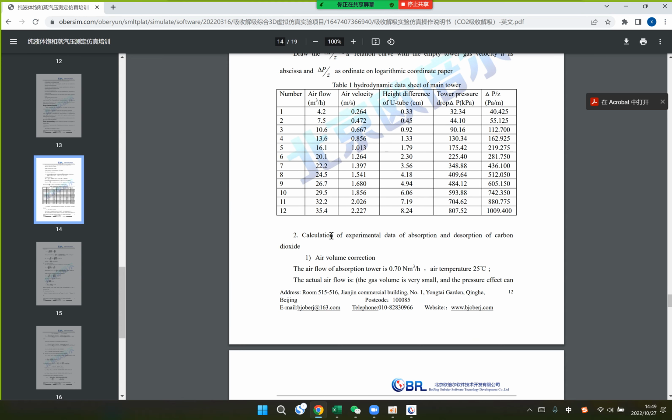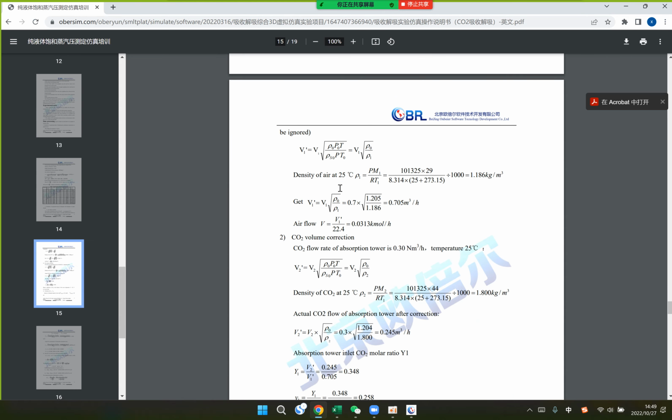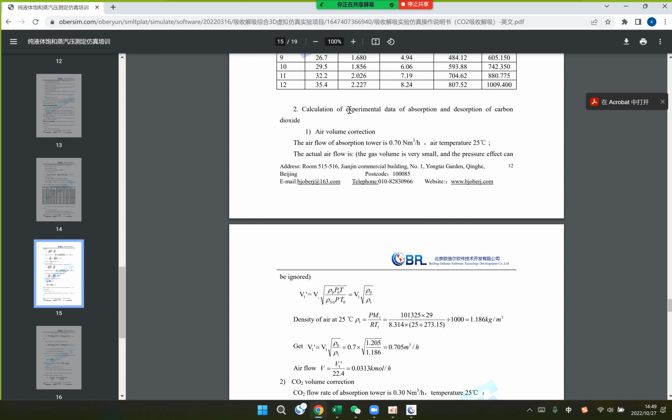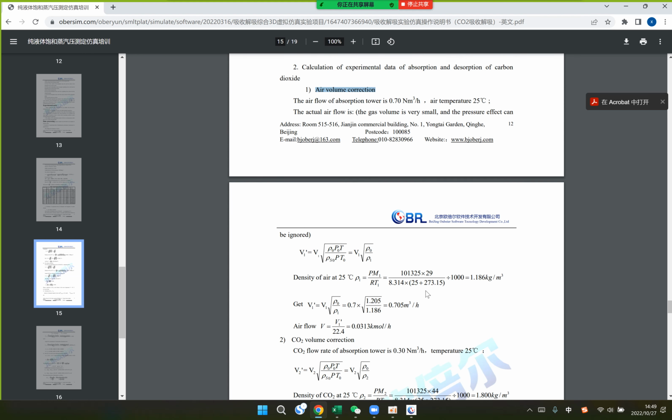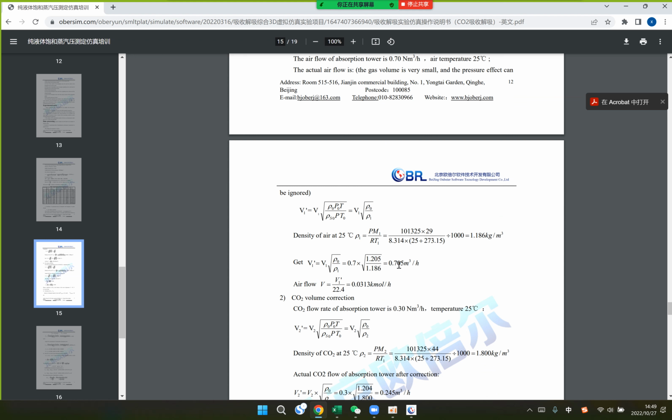First, for the calculation of the experimental data of the absorption and desorption of carbon dioxide, the air is at 0.7 standard cubic meters per hour, but that is for 25 Celsius. We have to change it to 20 Celsius, so you use some calibration. After that, you will get a real air flow rate.